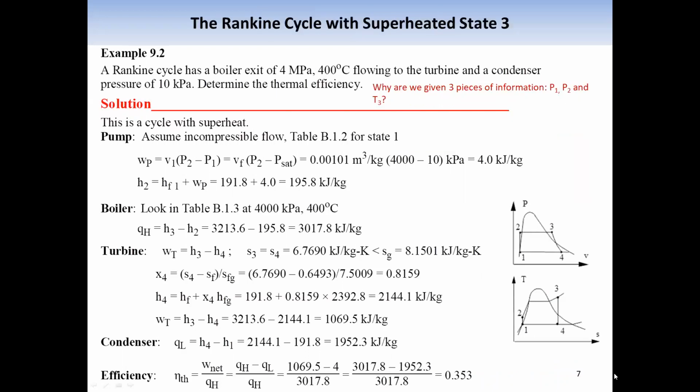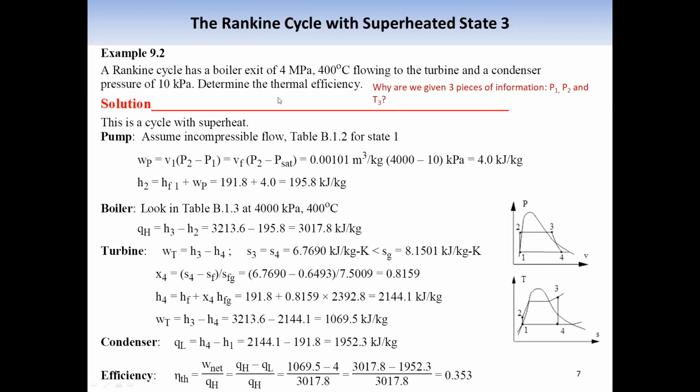Now, the next example, we have a Rankine cycle. We are given the high pressure coming out of the boiler. This is where the fluid stays inside the boiler. Either we are given the condition, pressure, temperature, and the flow into the turbine, and the condenser at the low pressure, 10 kilopascal, that's given here.